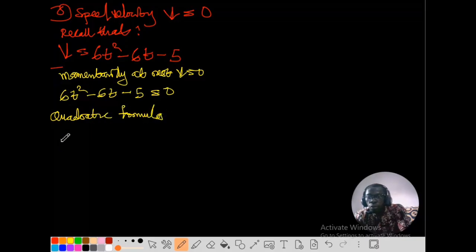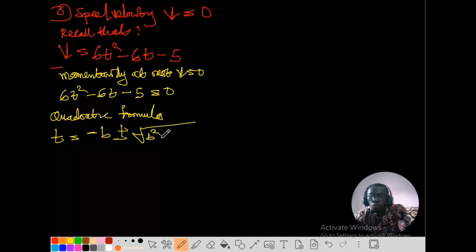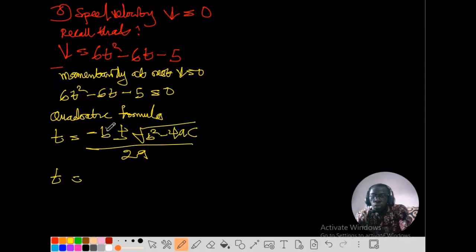And what are we looking for here? t, which is going to be minus b plus or minus square root of b squared minus 4ac over 2a. So t now will be, if you come back to this equation, this is our b.